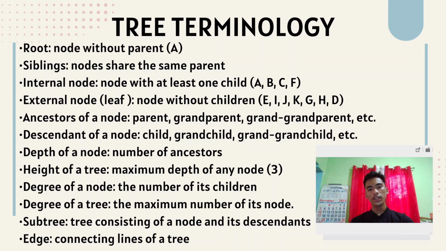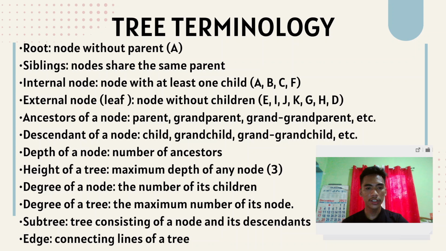So next is external node, or leaf node, a node without children: E, I, J, K, G, H, and D. An external node or leaf is a node without any child nodes. E, I, J, K, G, H, and D are examples of external nodes in the tree.